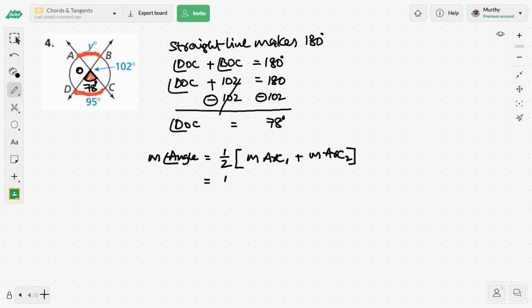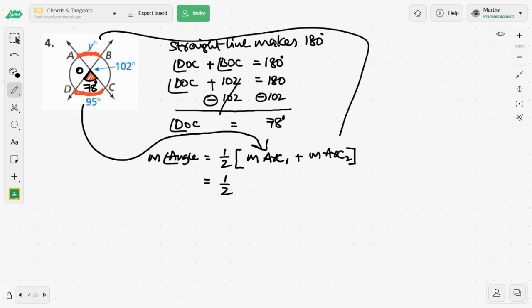This is the measure of arc 1 and this is the measure of arc 2. Here is the measure of angle, so you have to remember which value is plugged in where in the formula.